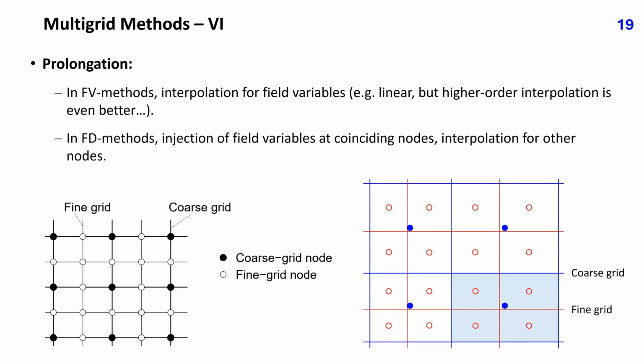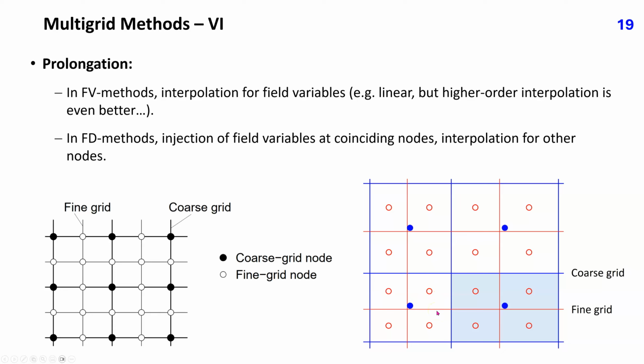The correction computed on the coarse grid represents a field variable which can be interpolated in space. In finite volume methods, the location of coarse grid cell centers, where the correction is computed, and fine grid cell centers, to which the corrections need to be transferred, never coincide. Therefore, interpolation between 4 coarse grid cell centers is used to determine the values at 4 fine cell centers, as indicated in the figure.